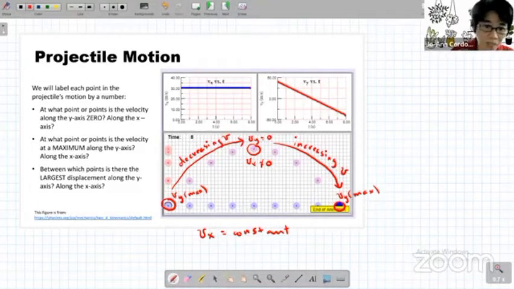Okay? So, ibig sabihin, habang yung object mo is moving upwards like this, the velocity should decrease. But when the object is moving from the high point papunta sa low point, the velocity should increase. So the question is why? Bakit ba na-decreasing ang velocity habang paakyat? Bakit ba increasing ang velocity pag pababa?